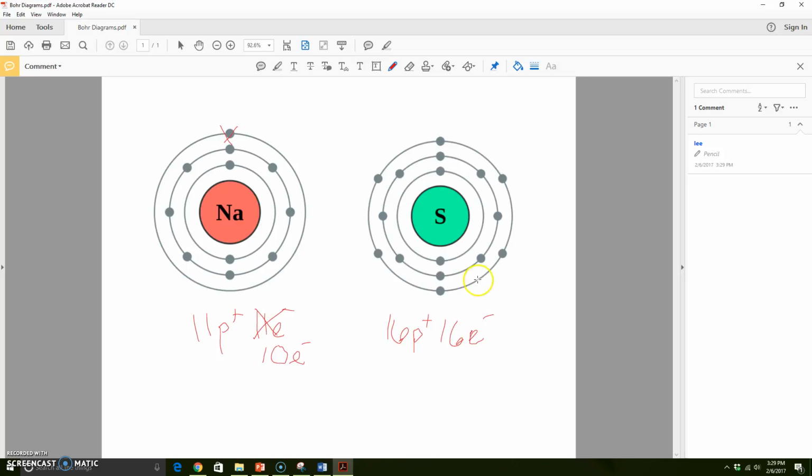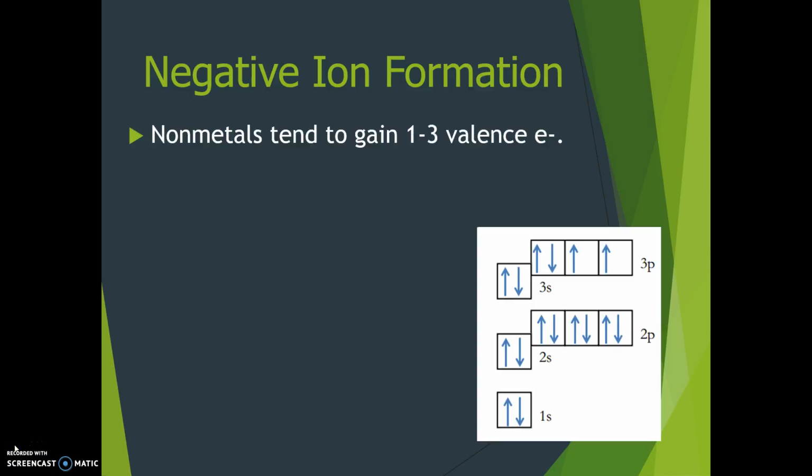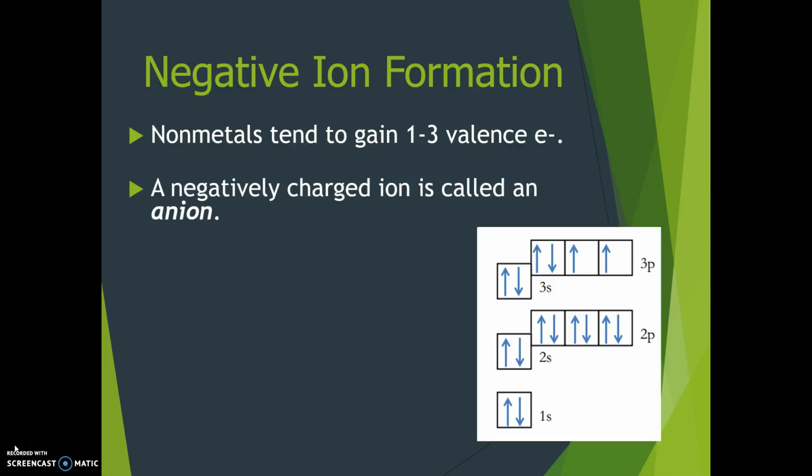When sulfur becomes an ion, though, it gains 2 electrons. Because of these 2 new electrons, it is going to have a negative charge because the 18 electrons are outnumbering the 16 protons. Nonmetals are the type of element that tend to gain electrons, again between 1 and 3, to produce a negatively charged ion. We call these ions anions.